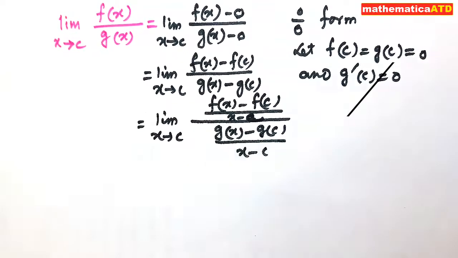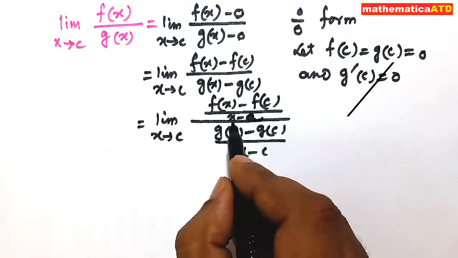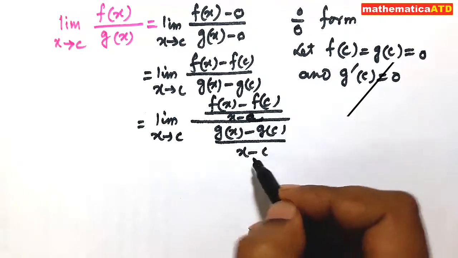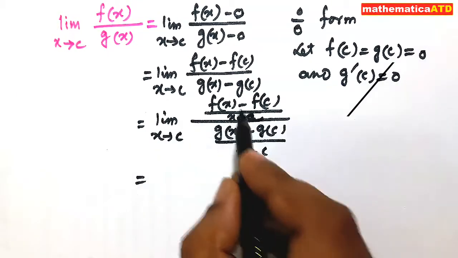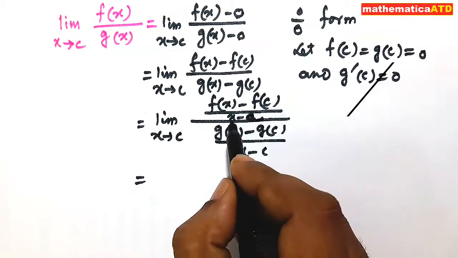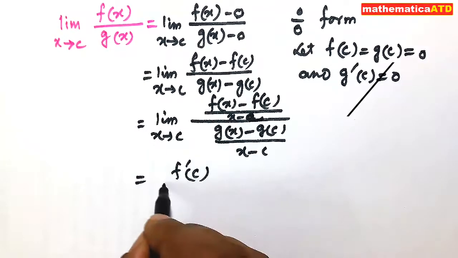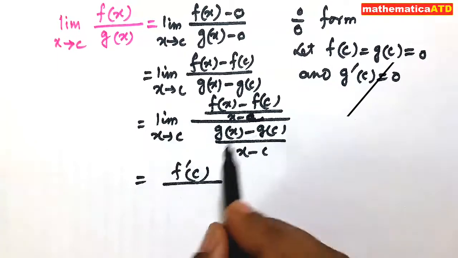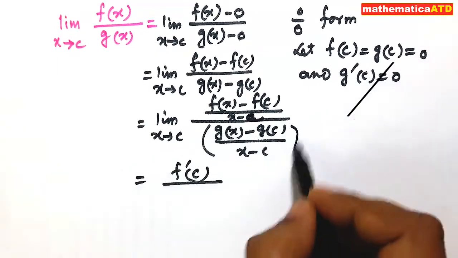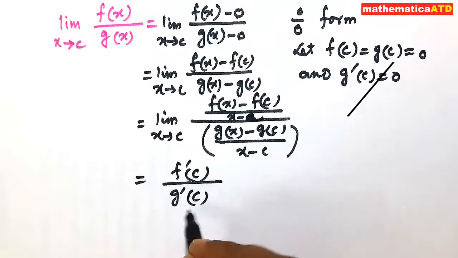The point is c, so we divide both numerator and denominator by x minus c. From this we get limit as x tends to c of f(x) minus f(c) divided by x minus c is f'(c), using the definition of derivative, and limit of g(x) minus g(c) divided by x minus c is g'(c).